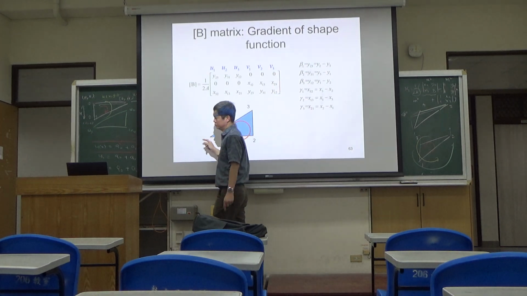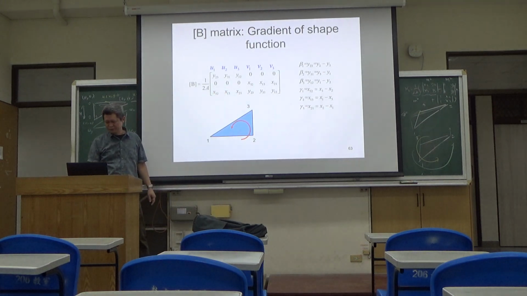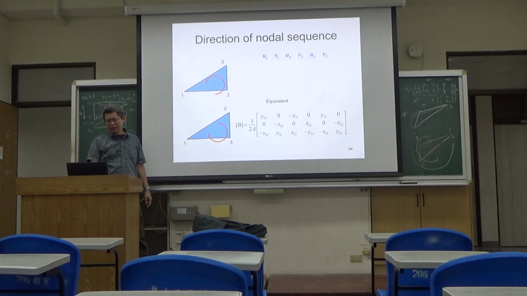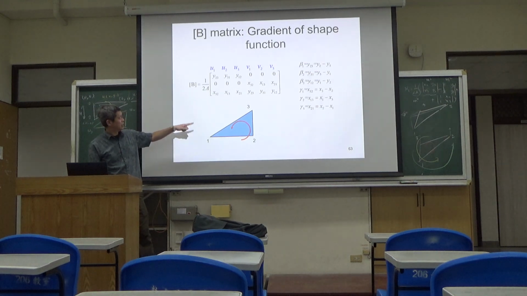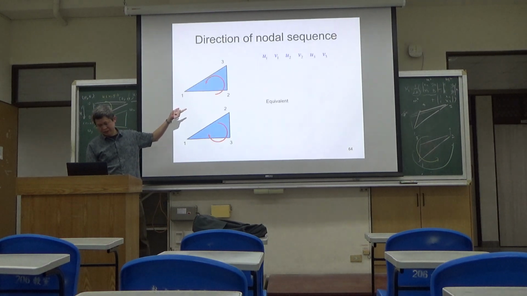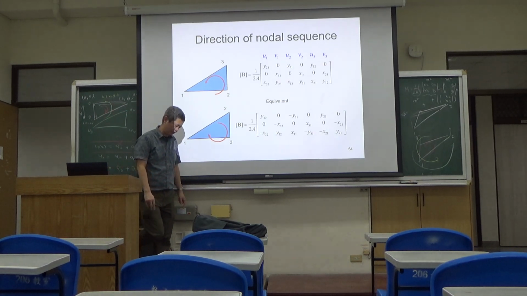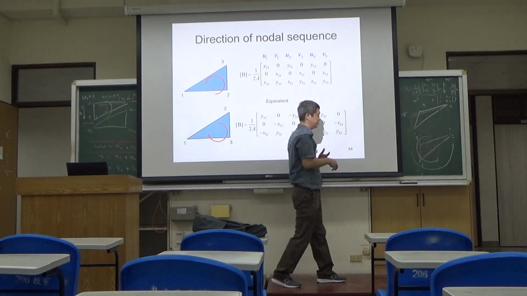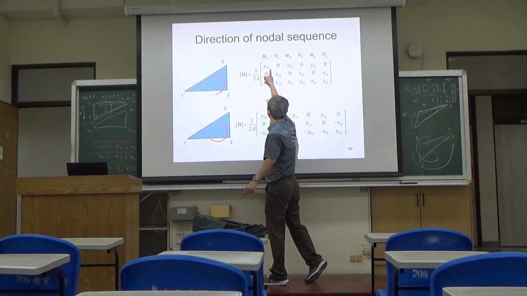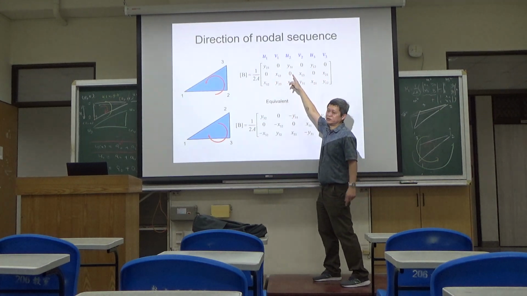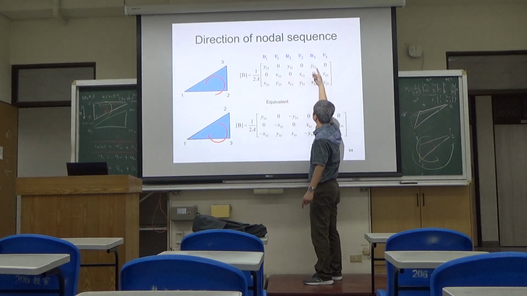Okay. So and then we do the swapping of the column. If just now the sequence is counterclockwise, but the displacement is clustered for 3 nodes. But in this case, if you don't want to cluster all the horizontal displacement together, you're going to have alternating horizontal and vertical displacement. Then the non-zero coefficient will become alternating. Okay? You have non-zero 1, you have 0, you have non-zero 1, 0, you have non-zero 1.